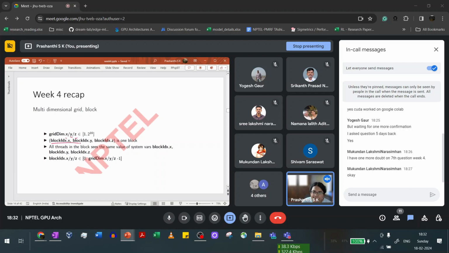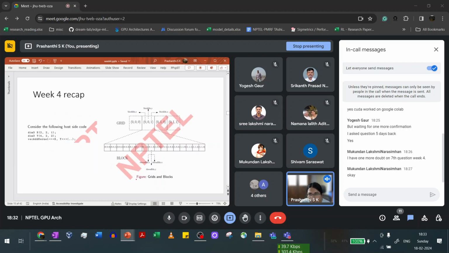So these three coordinates define one block, and all threads in that block will see the same three coordinates. And again, block ID dot x or y or z should belong to 0 to grid dimension dot x, y or z minus 1. So it cannot go above that, again because of the way the grid, block and the threads are defined.